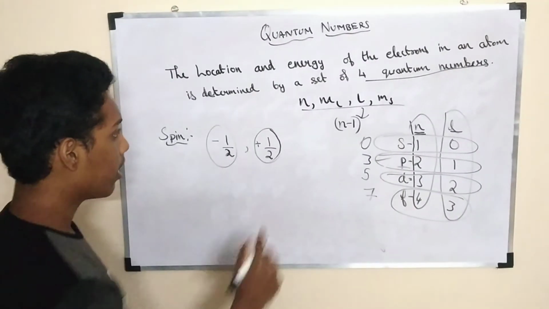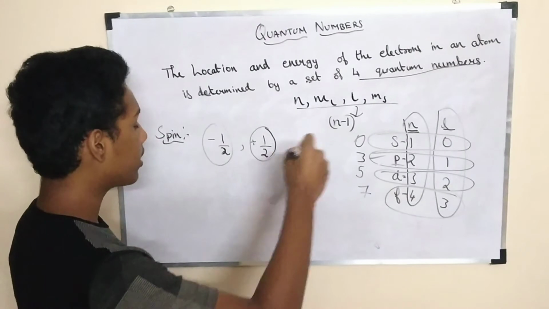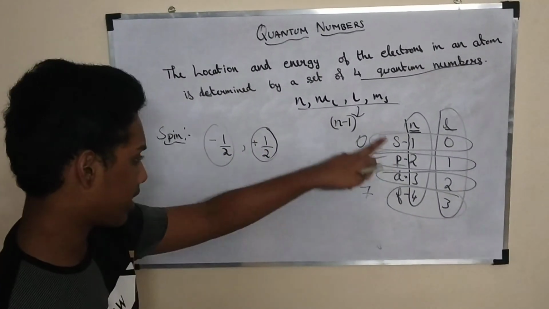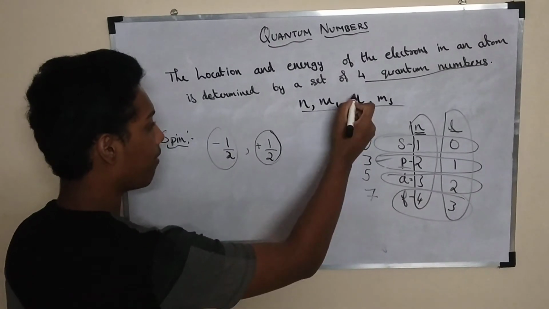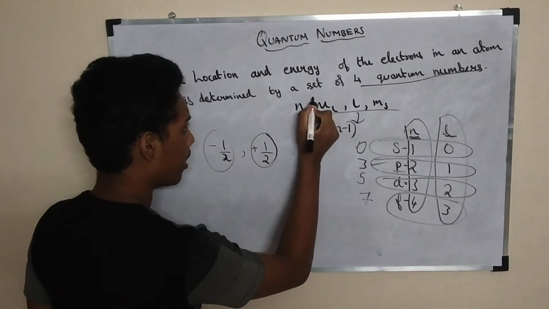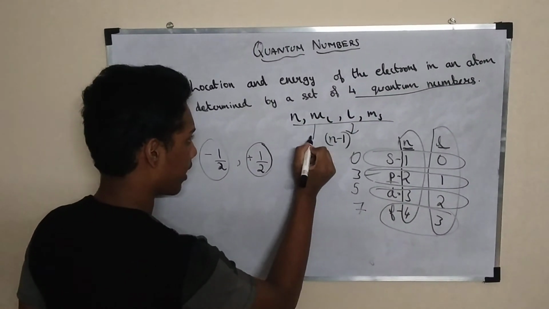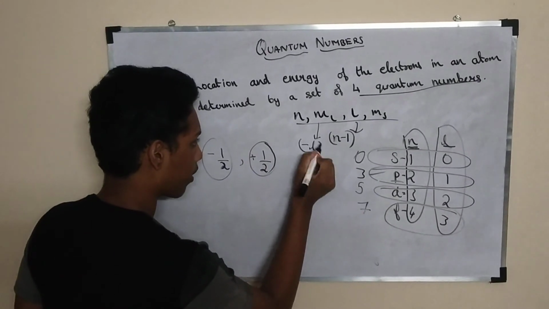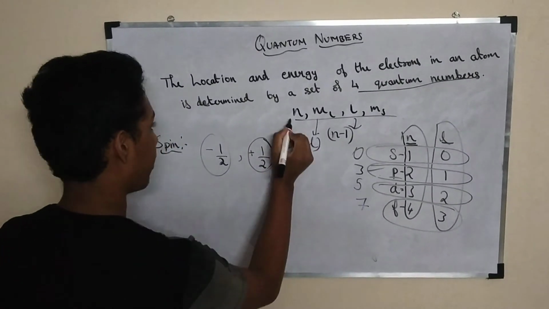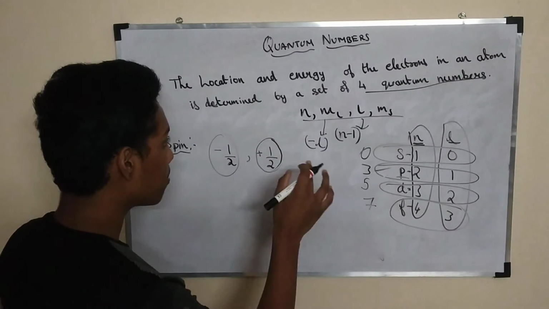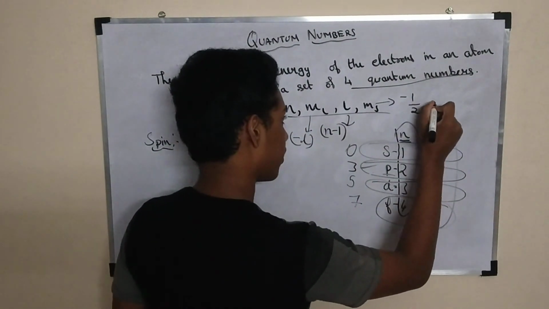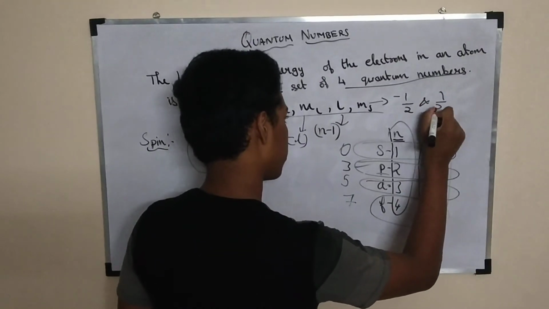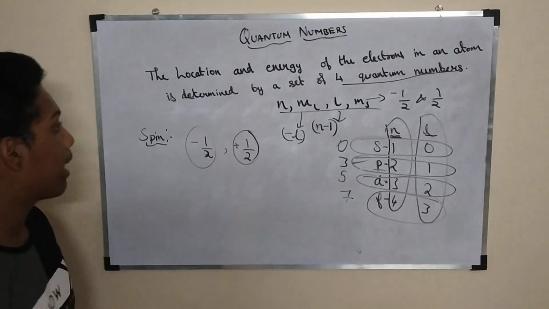ML means you can write the number of possibilities 1, 3, 5, 7, or it will be minus L to plus L. Ms has two possibilities, minus 1 by 2 and plus 1 by 2.